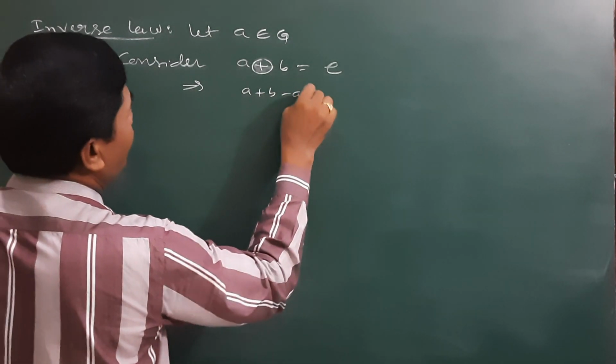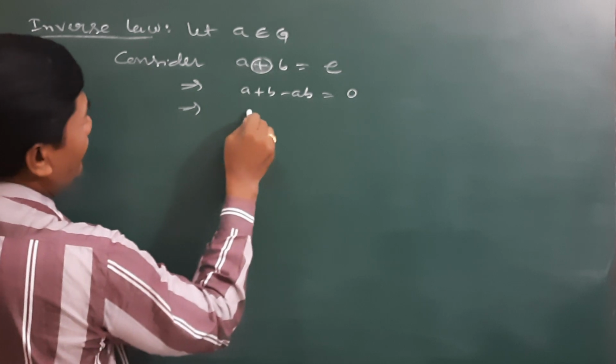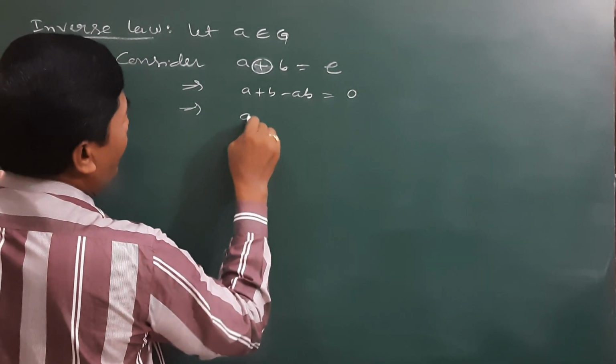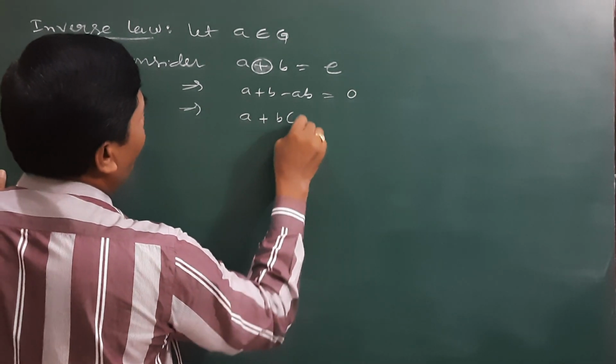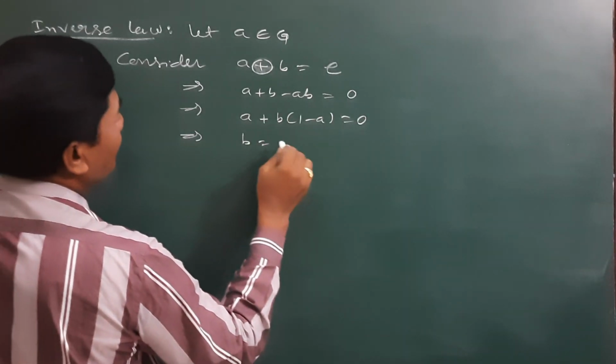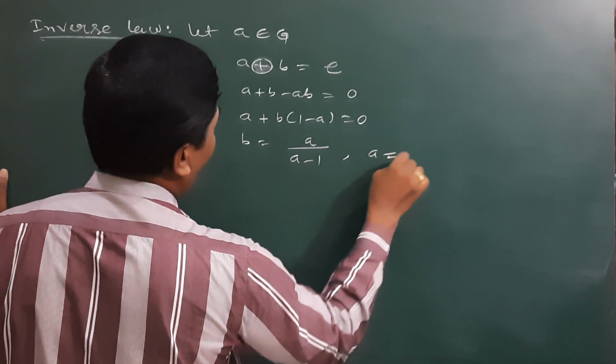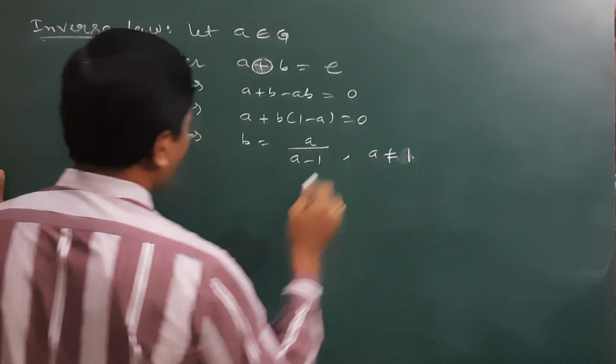So a ∘ b means a + b − ab is equal to e. Already we are getting 0. This implies a + b(1 − a) is equal to 0 only. That is, b is equal to a/(a − 1). Here a is not equal to 1 only.